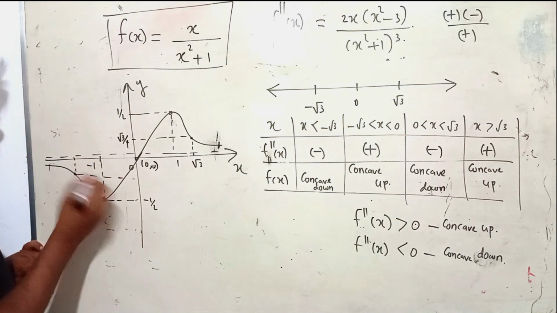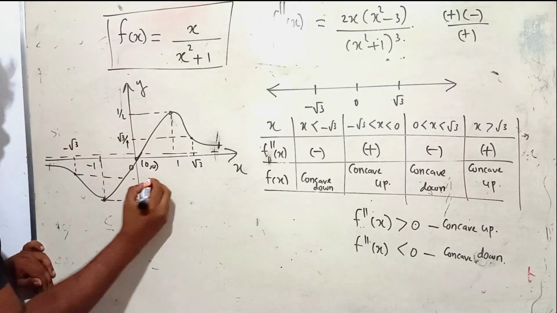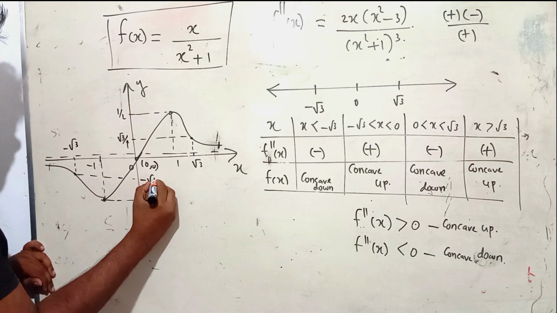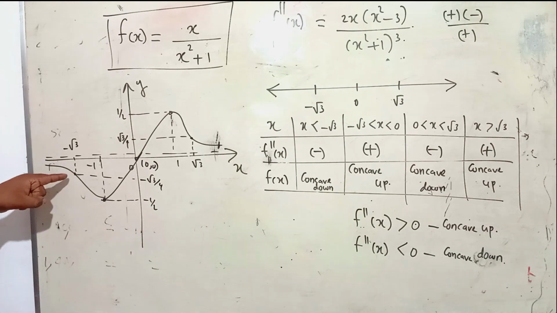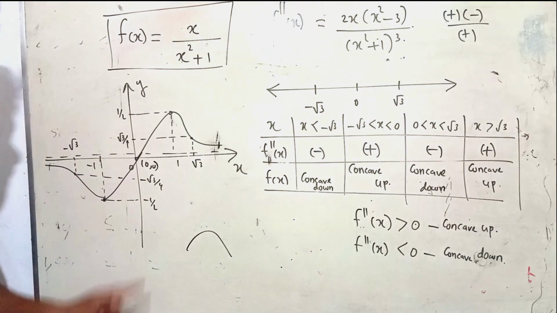And the other is negative root 3, comma, minus root 3 by 4. You can see right here, when x is less than negative root 3, it's concave down, because this part is part of this graph.